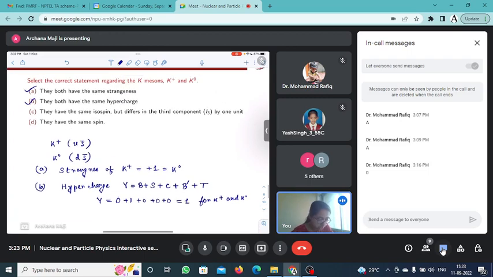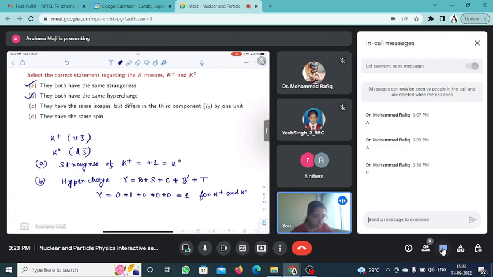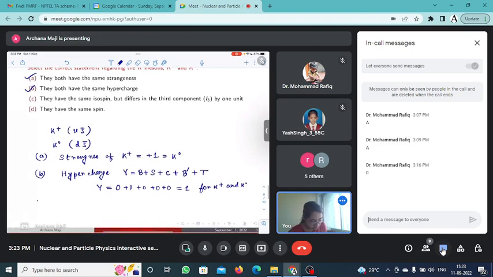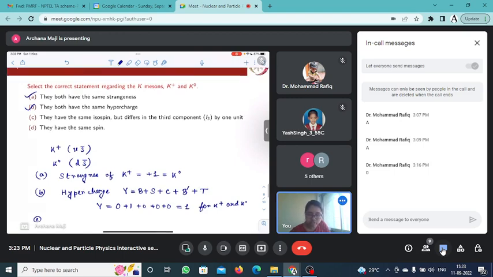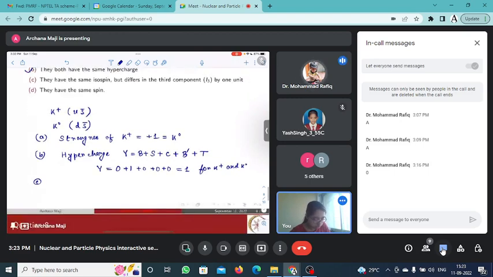They have the same isospin but differ in the third component by 1 unit. Is that correct? What is the isospin of K meson? Half.